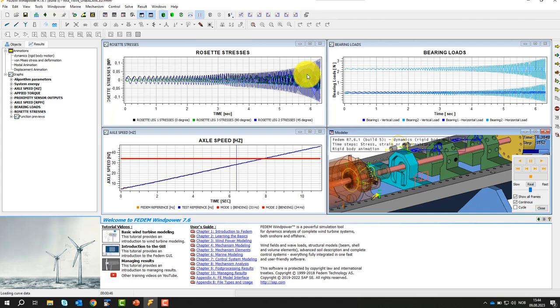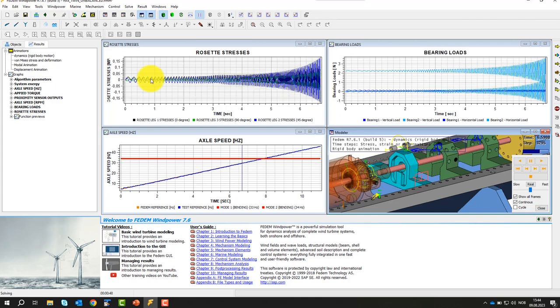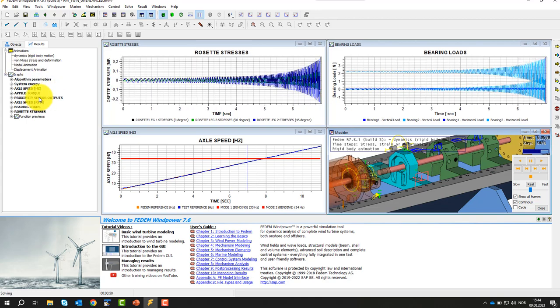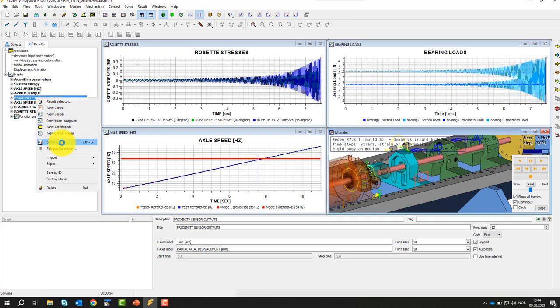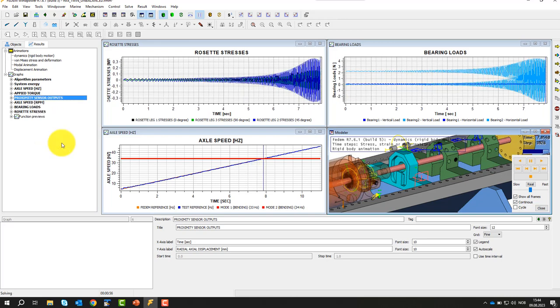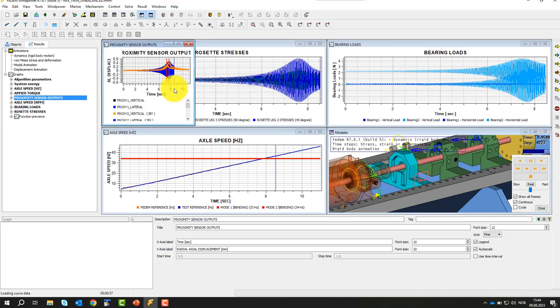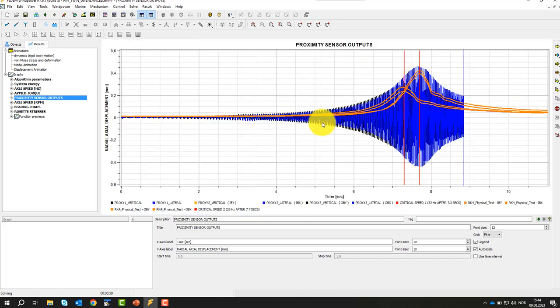And you can see the animation, and you can also see the results plotted simultaneously. And here I can select my proximity sensors output, which are directly comparable to the outputs from the physical test. And here you see the resonance at 32 Hz after almost 8 seconds.